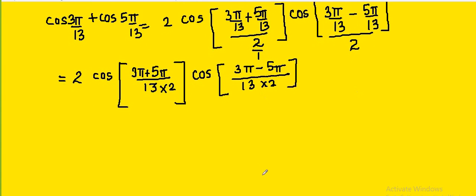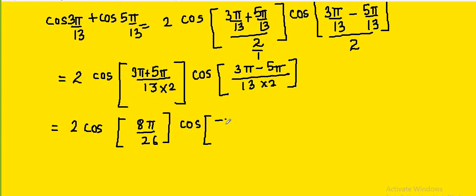So this further simplifies to 2 cos 8 pi by 26 cos minus 2 pi by 26, which is 2 cos. We can simplify this fraction and divide each of numerator and denominator by 2.